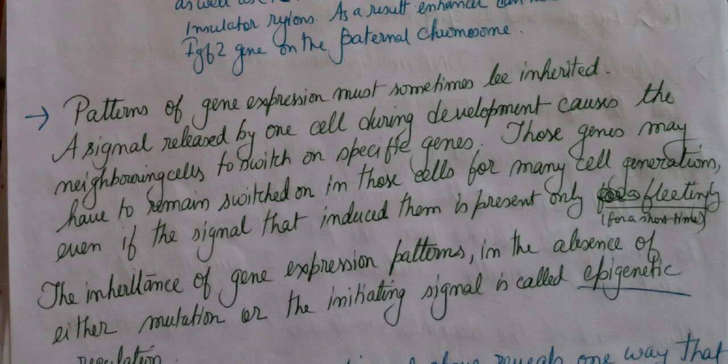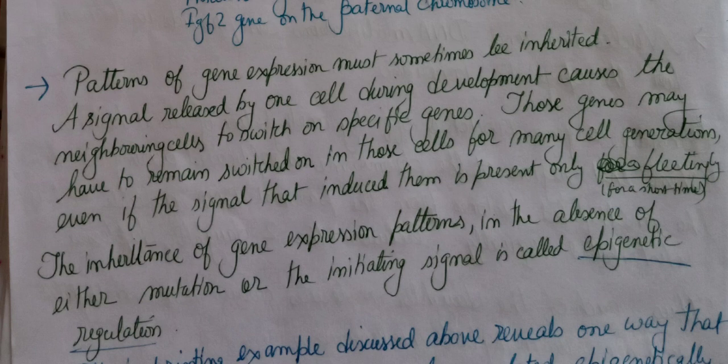During embryo development, some signaling molecule is released from one cell and causes the neighboring cell to switch off particular genes, as we see in the maternal chromosome number 11, where IGF2 is silenced due to the CTCF protein. Those genes may remain switched on or off in those cells for many cell generations, even if the signal that induced them is present only for a short time.